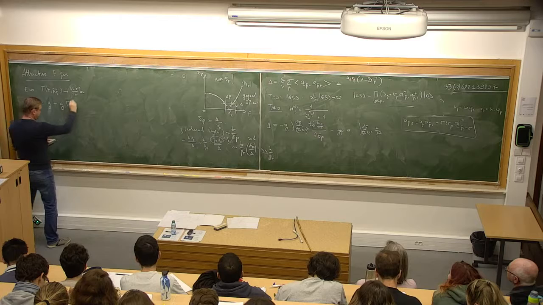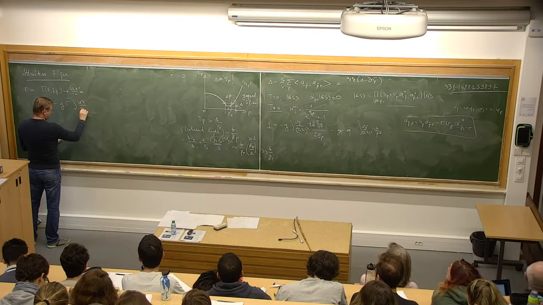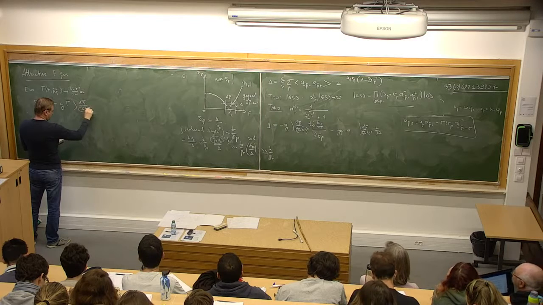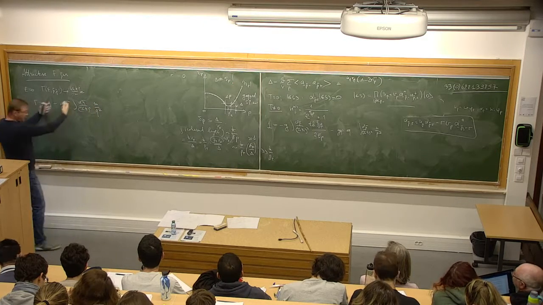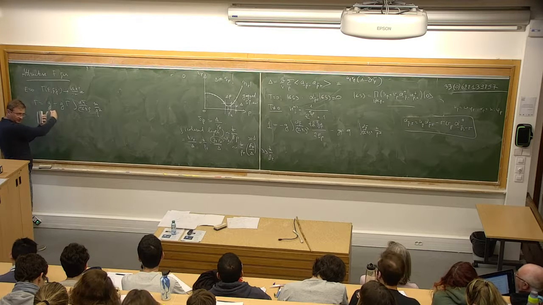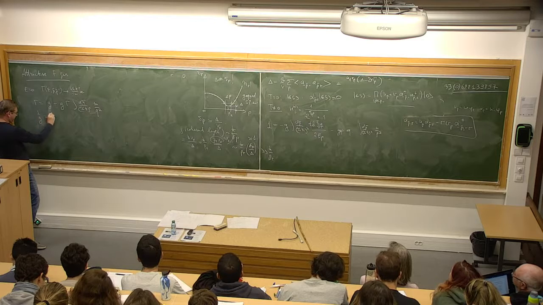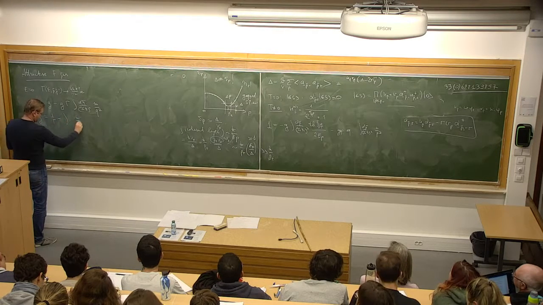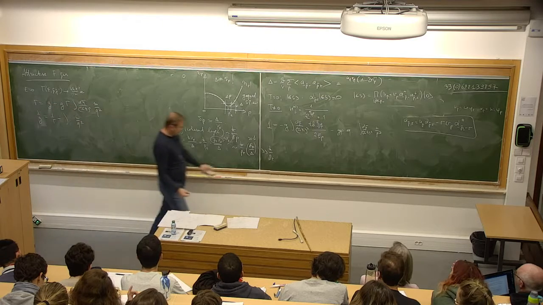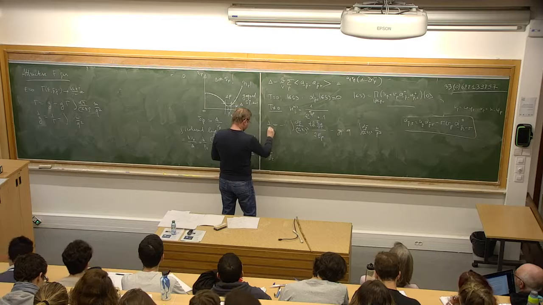So you get it like this. And now if I divide by g gamma, I get 1 over g equals 1 over gamma minus this integral. And if I divide by g here, I get this one.